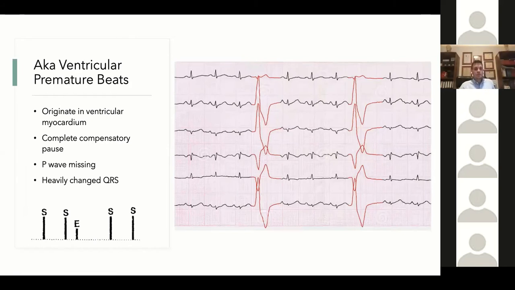It is a premature contraction, and ventricular ones are the ones that originate in the ventricular myocardium, as the name would suggest, obviously. The main differentiating factor between those and the atrial premature contractions is that the formation of the QRS is extremely different, and there is a complete compensatory pause.